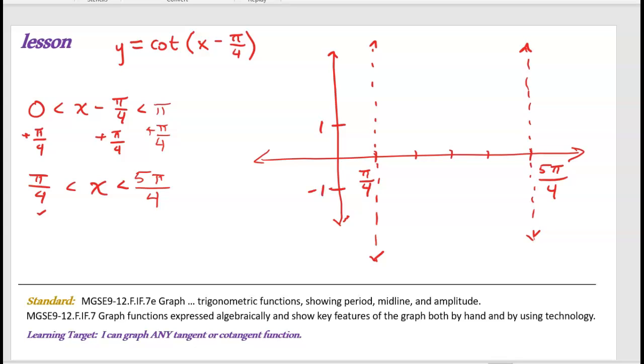So from the center, pi over 4, 2 pi over 4, 3 pi over 4, 4 pi over 4, or pi, 2 pi over 4 or pi over 2. Boom, halfway. Now cotangent to the right and down one space.